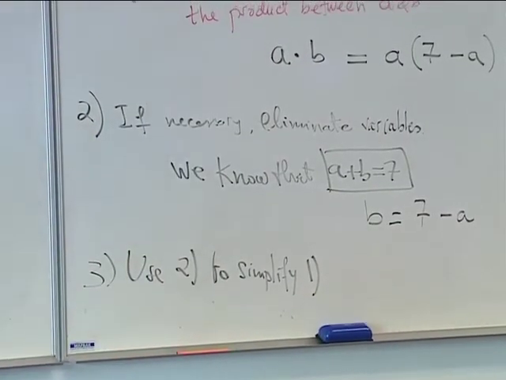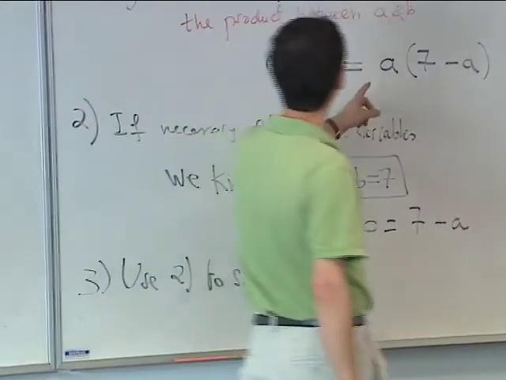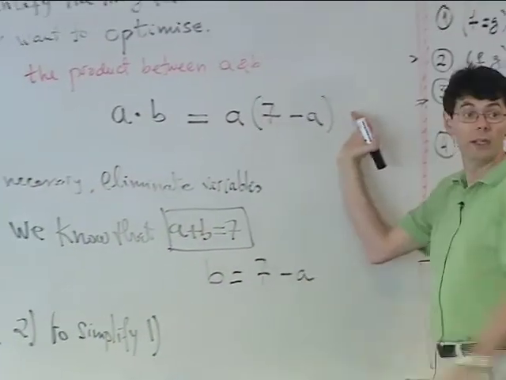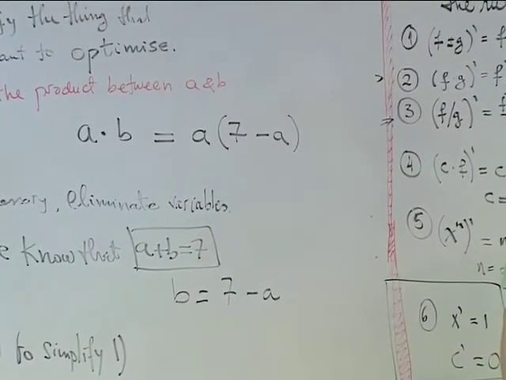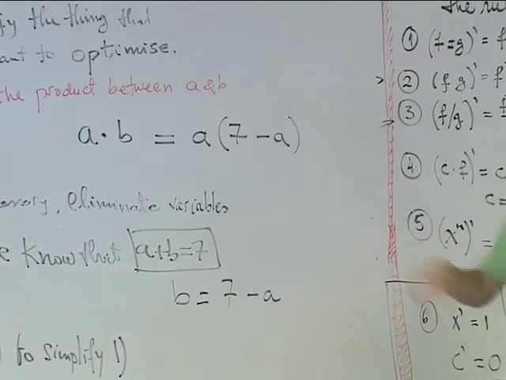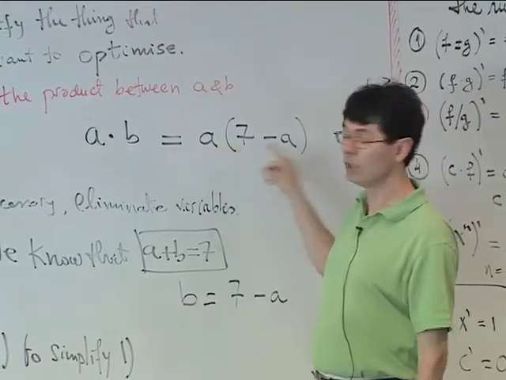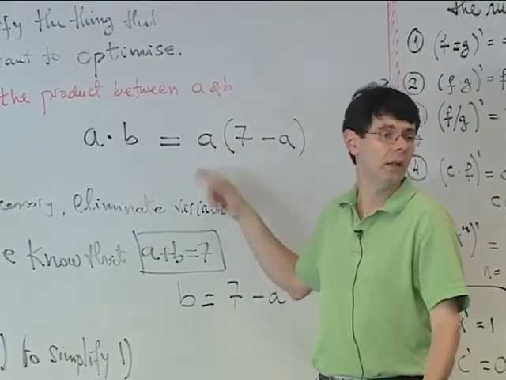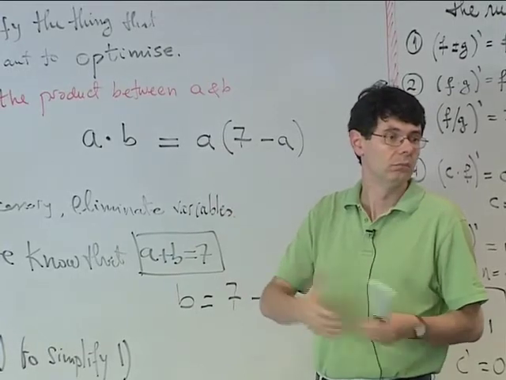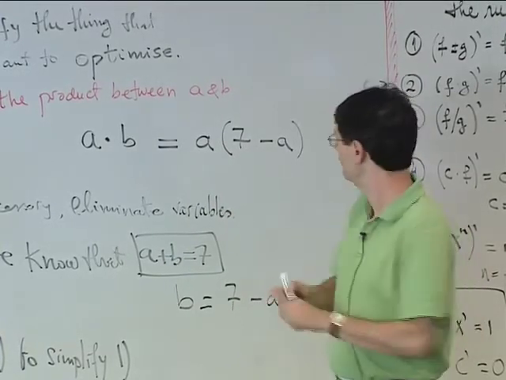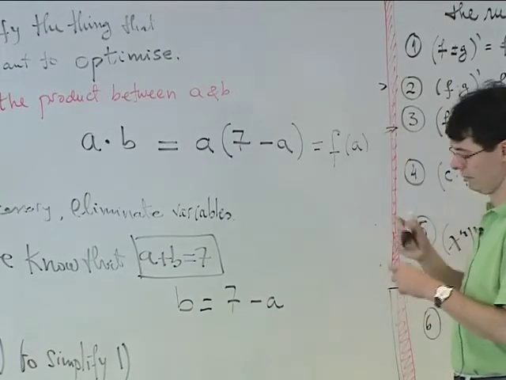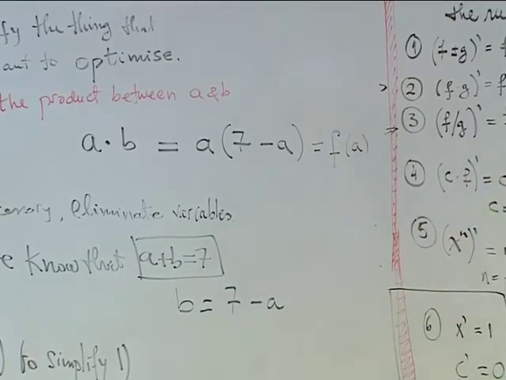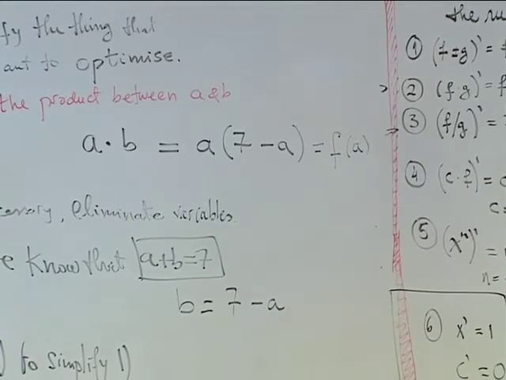Now you got an expression, the thing you want to maximize, in terms of only one variable, okay? Only one variable. I'm going to write f of a here. F of a. A is my variable, not x, but a.